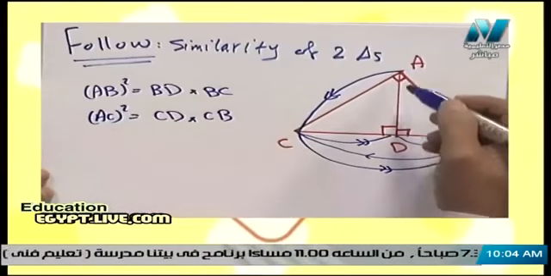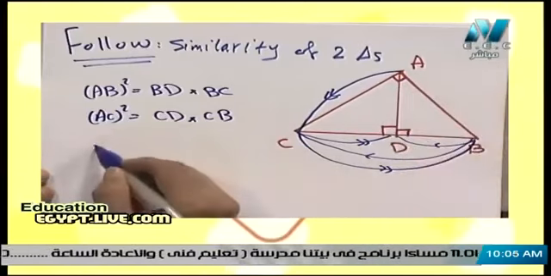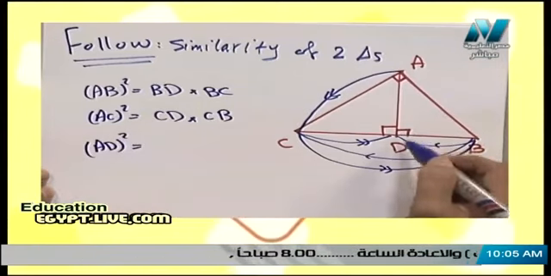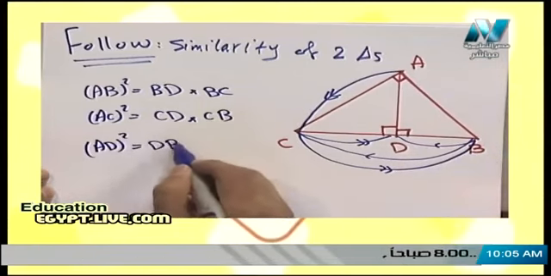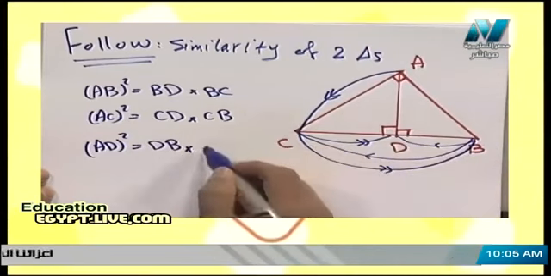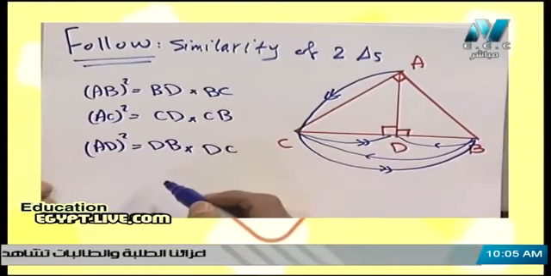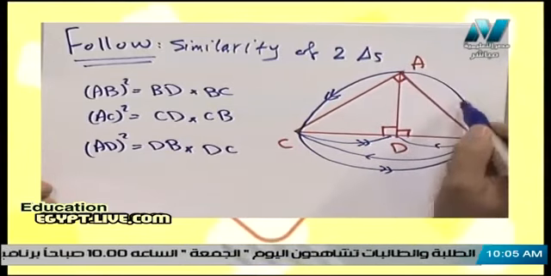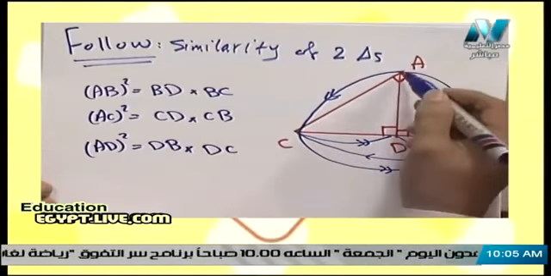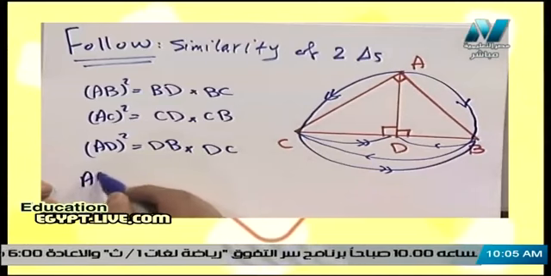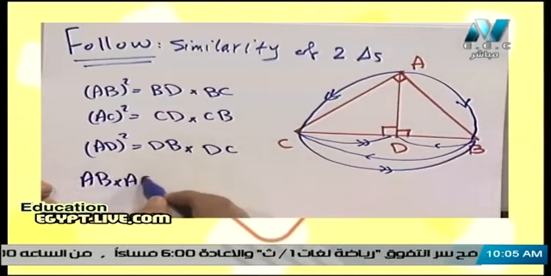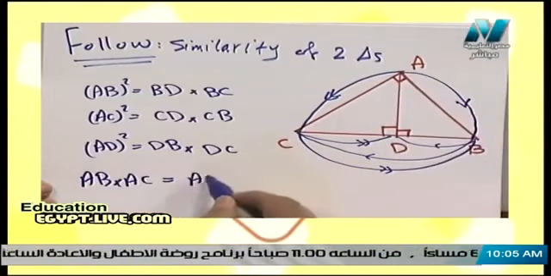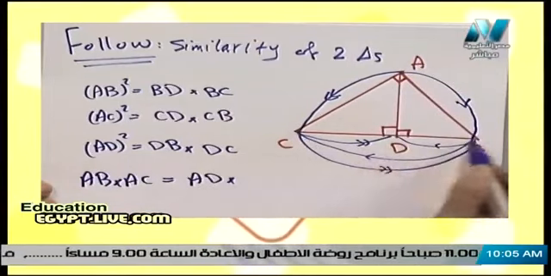And we have also AD power 2 equals DB multiplied by DC. And we have AB multiplied by AC equals AD multiplied by CB.